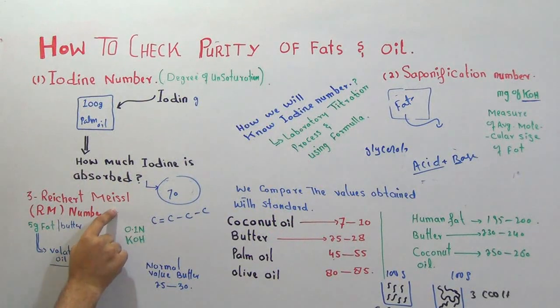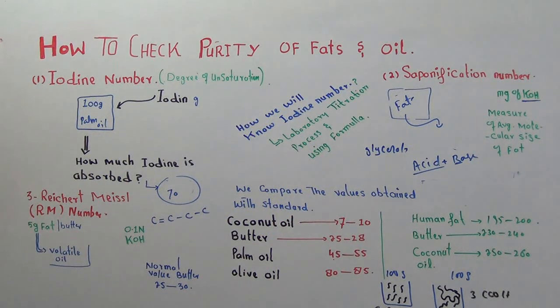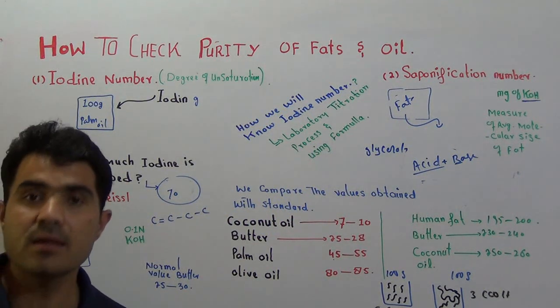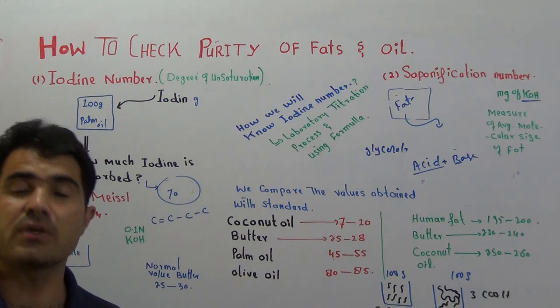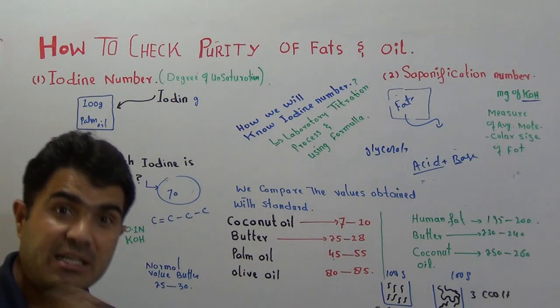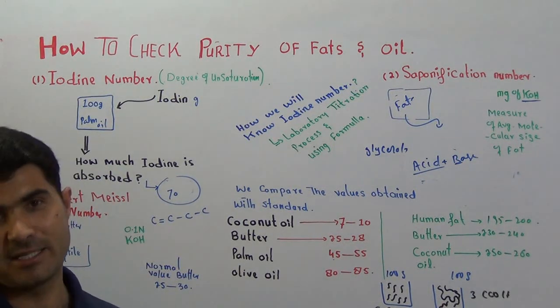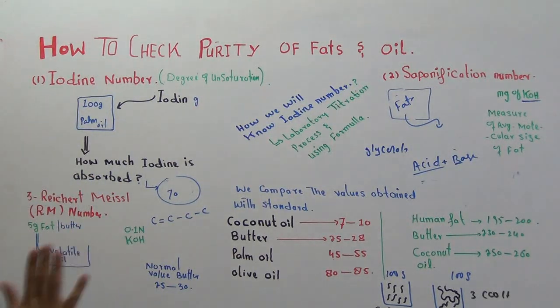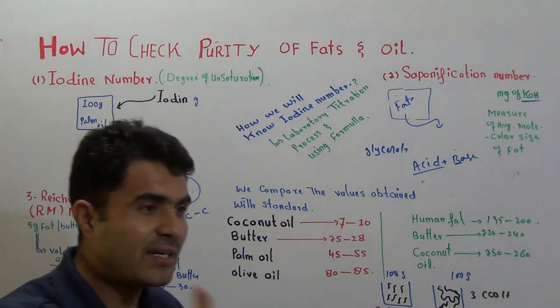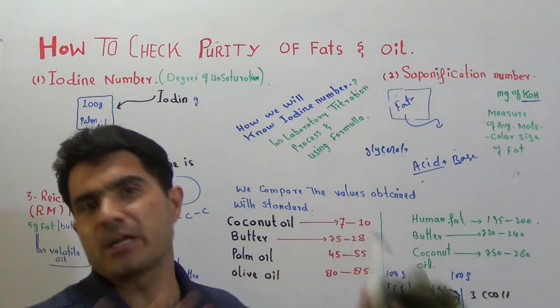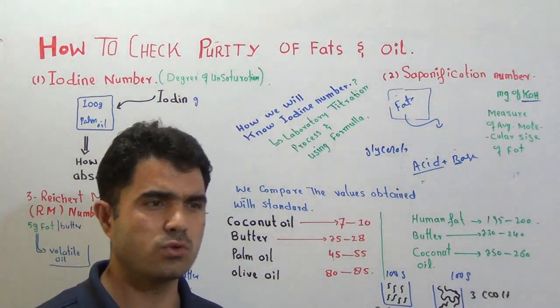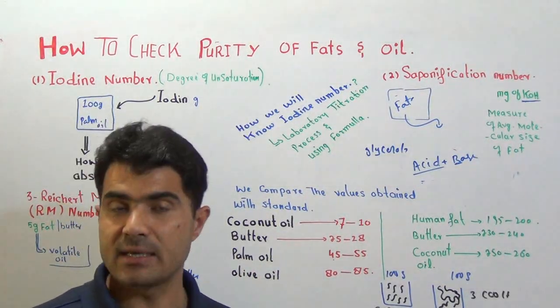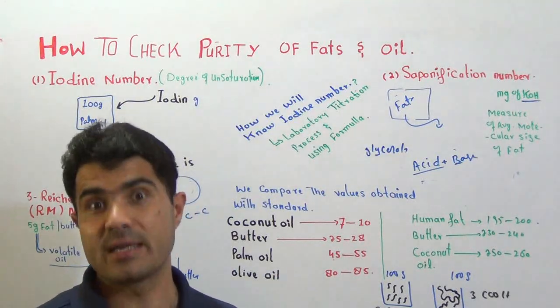The test number 3 is the Reichert Meissl, RM number. Reichert Meissl RM number is another number. It is very specifically used to check butter. What is the target of this test? Here in this test, we will check the volatile oil present in different kinds of fats, because some fats have volatile oil, like caproic acid, caprylic acid, butyric acid.